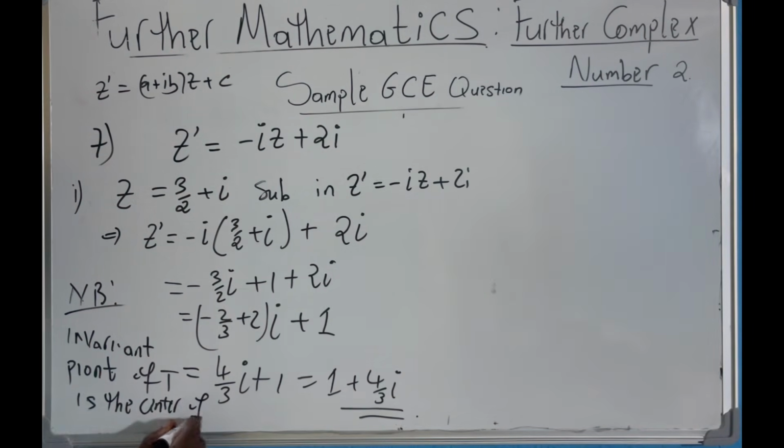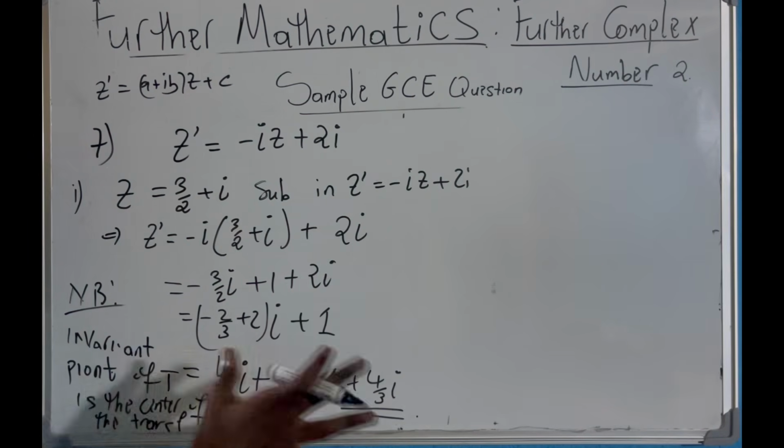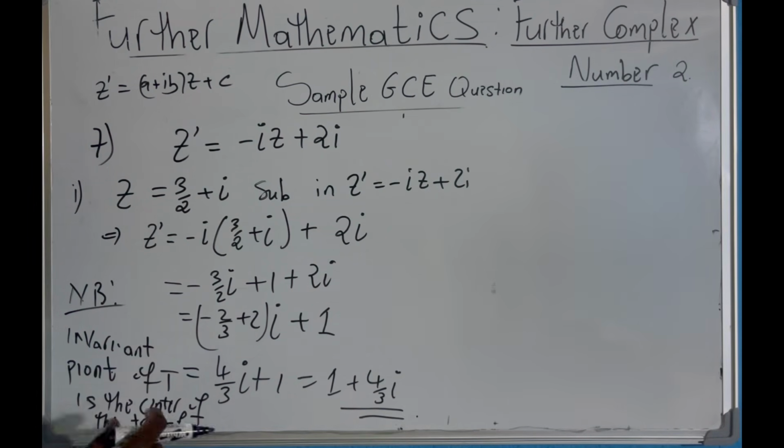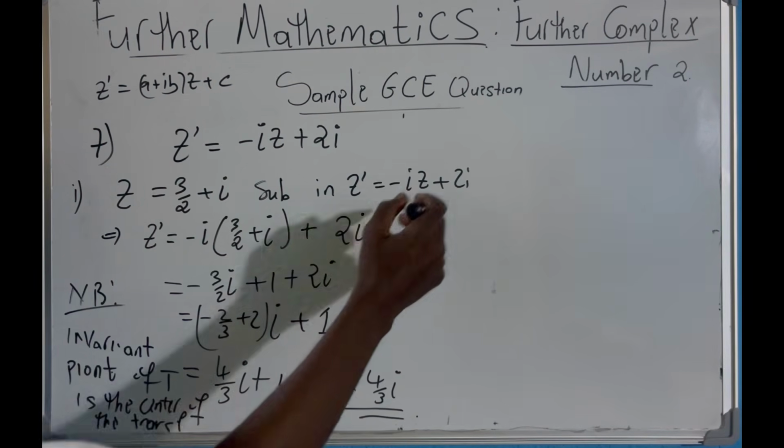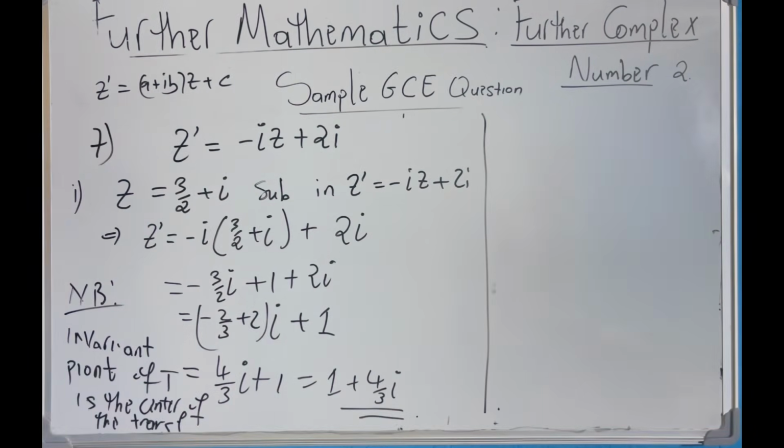There is a small element you should know: in some questions they will ask you to find the invariant point, hence describe the transformation. When you are describing the transformation, no need to calculate again. You take the invariant point as your center.